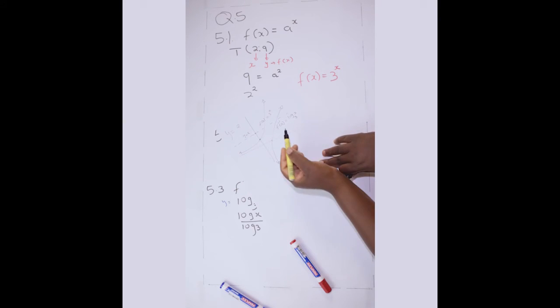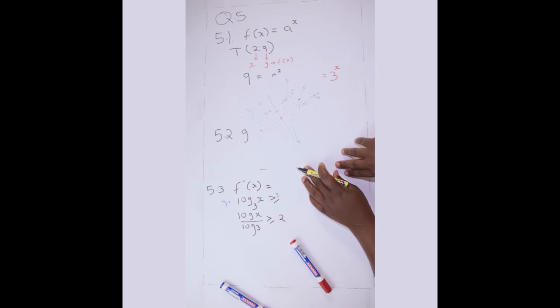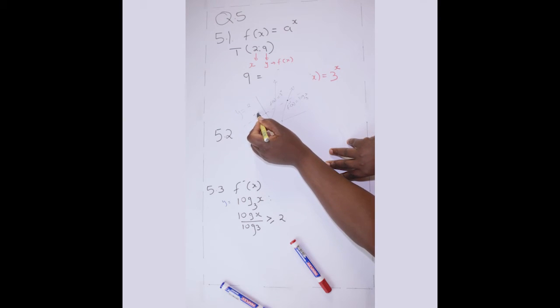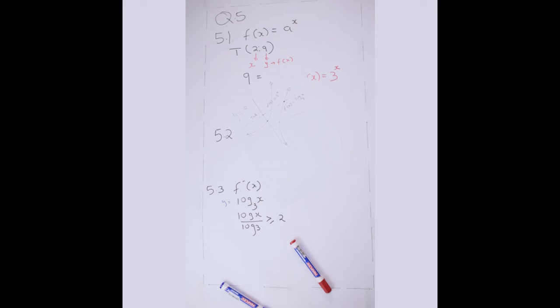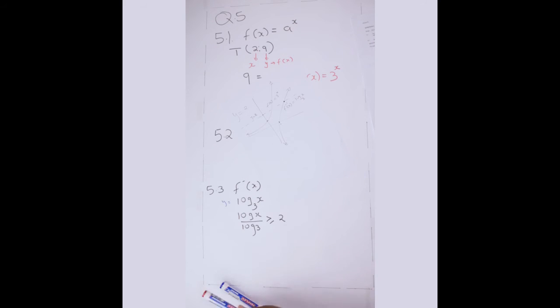What they are looking for here is the point whereby the two graphs are intersecting and the log graph is on top of the one for the straight line, which is y equals 2. So you are looking at this point. If you look at it, that point is far away from a positive 1, so it can be somewhere there, and we need to figure it out.